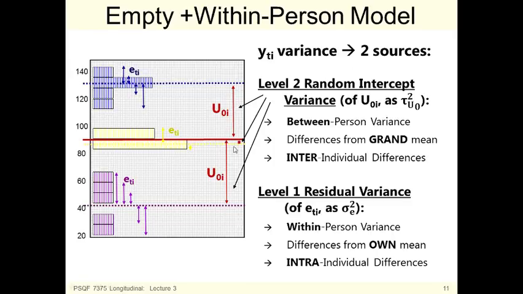One is between person mean differences. This is now going to be known as level 2 because it's between persons, and more specifically, it's this parameter right here, this U0, the random intercept. And so the variance across people in these U0 terms, that's this thing right here, tau squared sub U0.